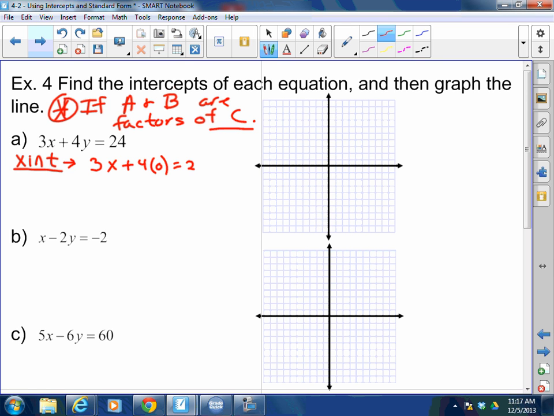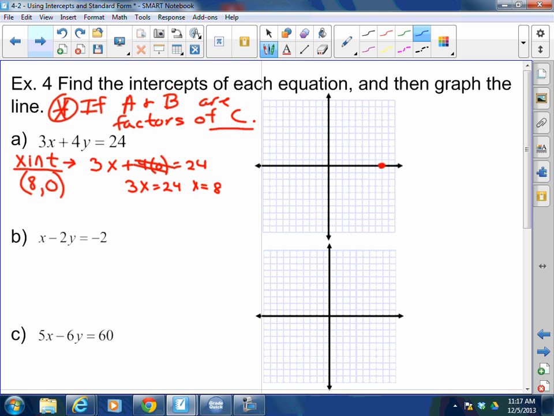So in essence, that's gone. So now I'm just left with 3x equals 24. What does x equal? So my X-intercept is 8, 0. The x value when y is 0, which would be right here. Does everyone see that in red, the X-intercept?